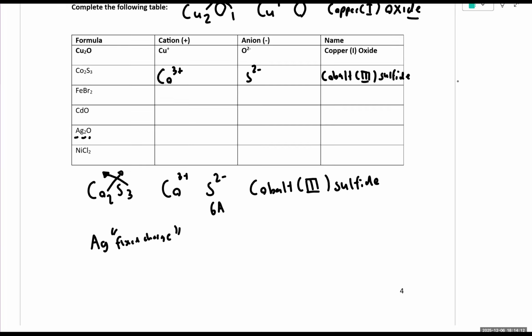So for example, for this Ag2O, we have Ag+ and O2-, and this would be named just as silver oxide. This difference in naming convention only occurs for fixed charge transition metals like silver and zinc. Now that you have these examples in mind, I'd like you to complete the remainder of this table independently.